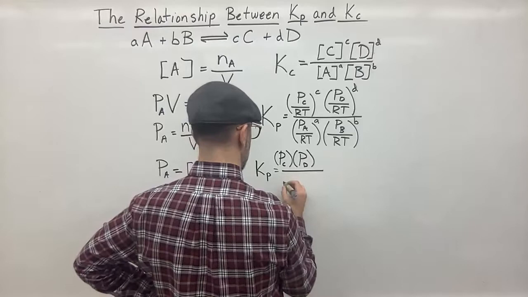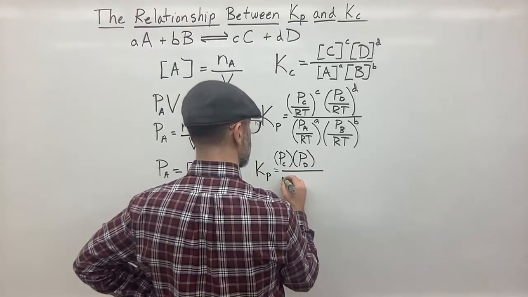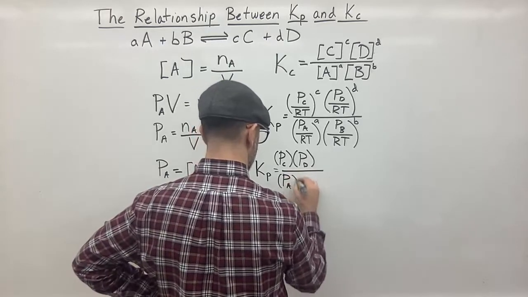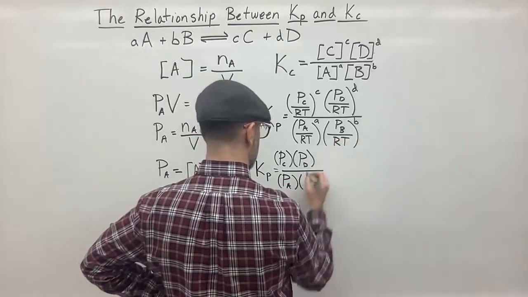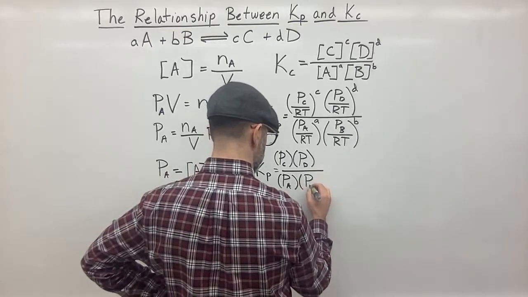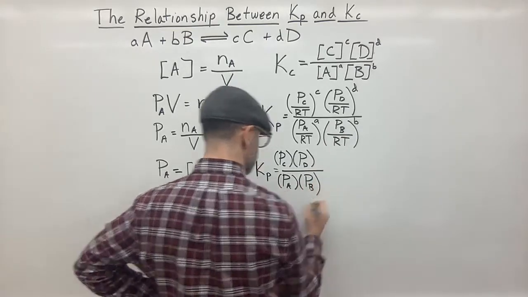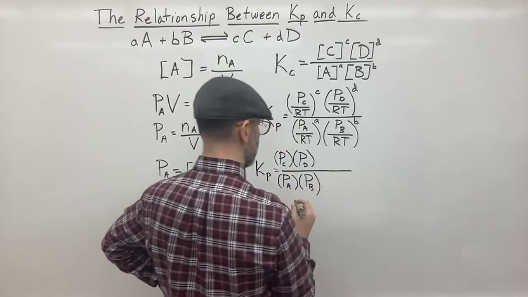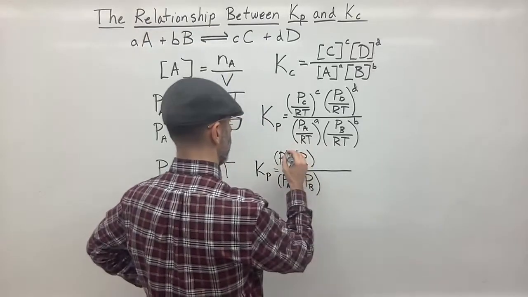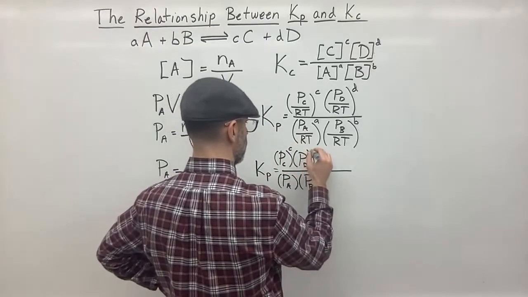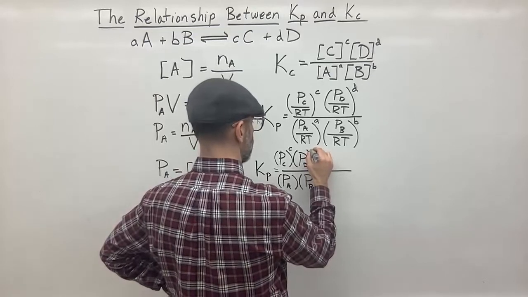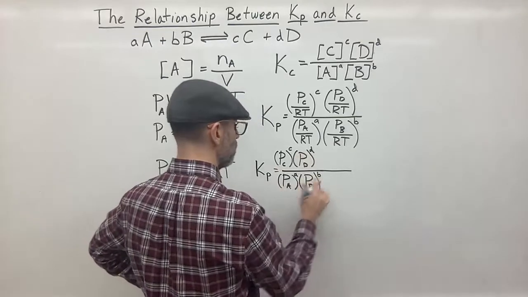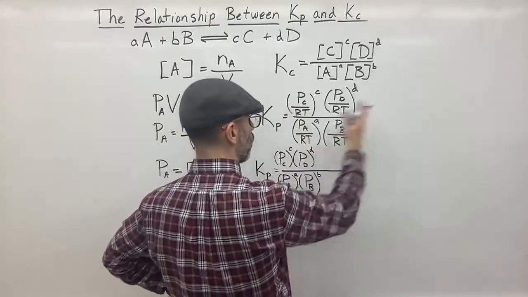And then on the bottom, we'll have PA multiplied by PB, the partial pressure of B. So we got those. And then of course we have C, and we have D here, and we have the A and the B, so those are still there. And then we just pulled out 1 over RT.